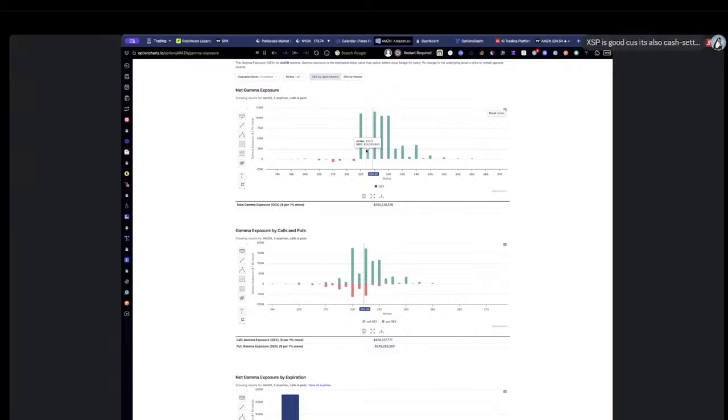Okay, so you could look at maybe intraday. Well, you're going to have to pick something weekly, aren't you? Because it's not SPX. You could take like a call credit spread.